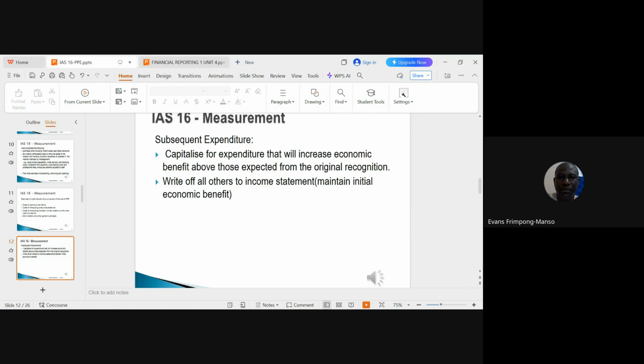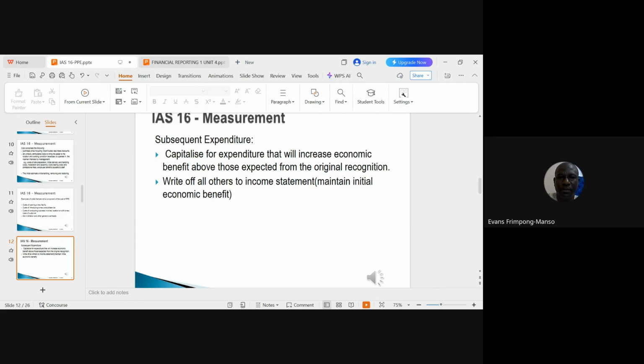Subsequent measurement. Now, after you have bought the property, plant, and equipment, and you incur subsequent expenditure on it, the standard says that all subsequent expenditure should be capitalized.